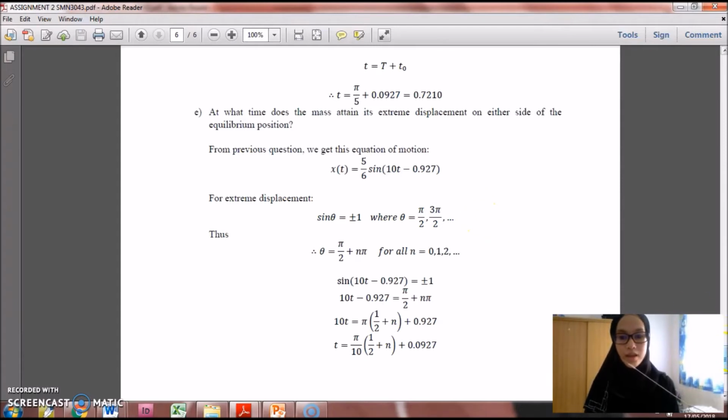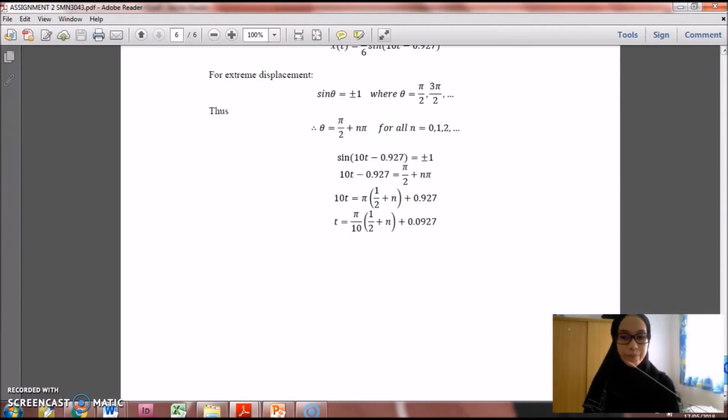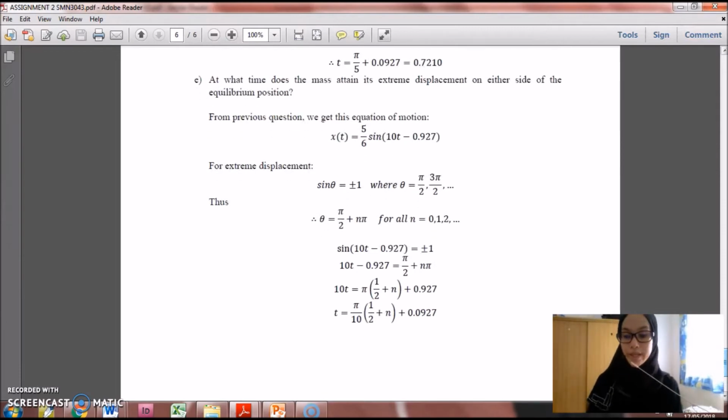Thus, theta is pi over 2 plus n pi for all n equal to 0, 1, 2, 3, and so on. So we substitute in the formula, then we get t is equal to pi over 10 times (1 over 2 plus n) plus 0.0927. So I think that's all from me.